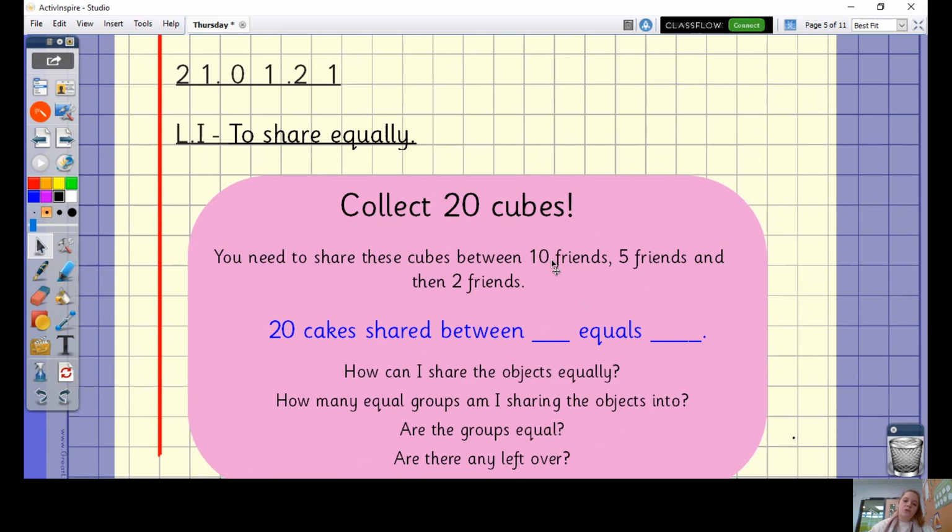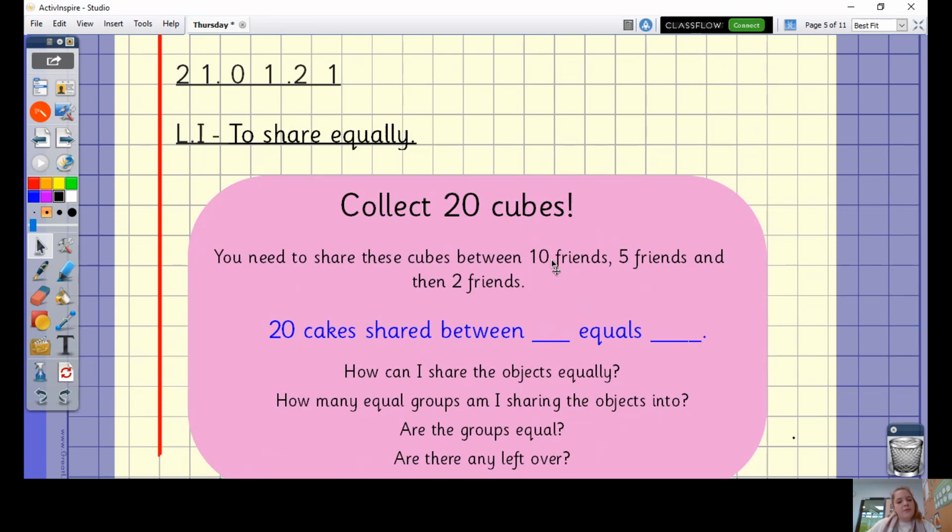So once you've shared your cubes or your cakes or whatever you want into your 10 groups, collect them back up again and then share it into 5 groups and then collect them back up again and then share them into 2 groups and see how that changes each time between the amount of groups you're sharing them into.